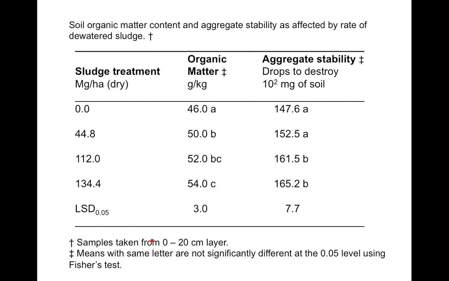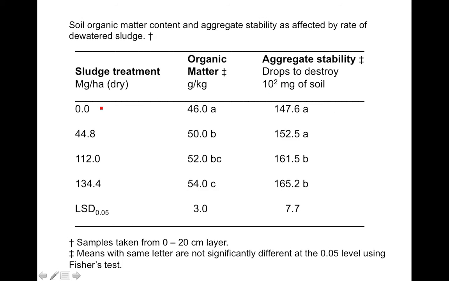And there's a little slide from a paper that describes the impact of adding organic matter through a sludge treatment. You can see the organic matter content that they've measured as a function of the total amounts they've applied, and their measures of aggregate stability: the number of drops of water that they used to destroy 100 milligrams of soil.